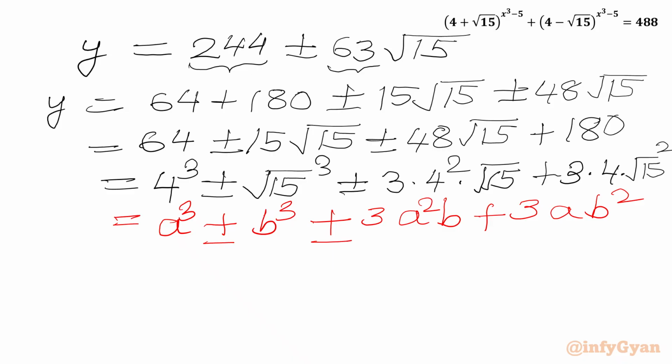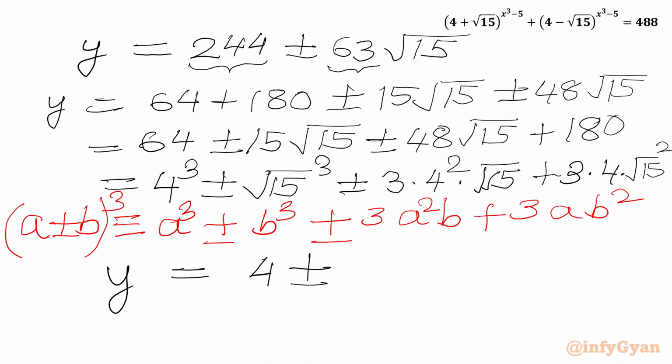So here we have the algebraic identities A plus B whole cube and A minus B whole cube. In total I can write A plus minus B whole cube. So we can write our RHS, with LHS being Y, as 4 plus minus square root 15 whole cube.